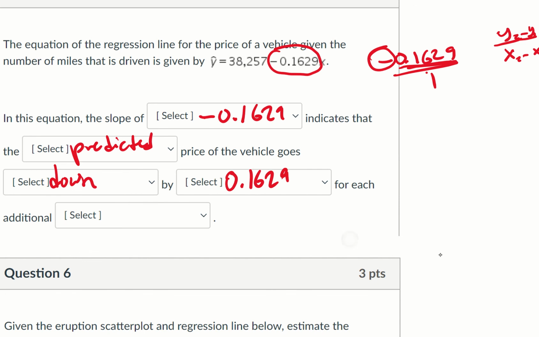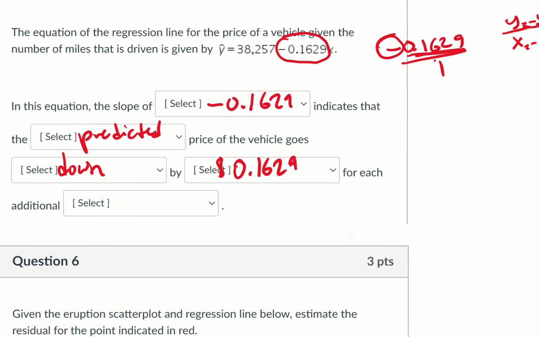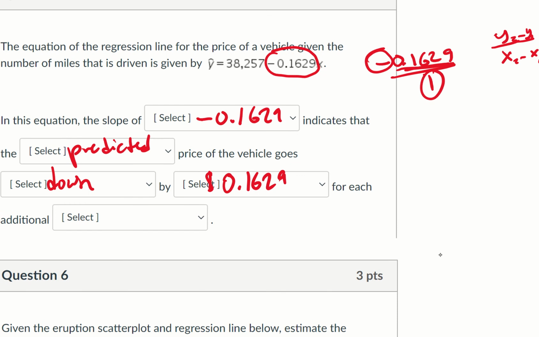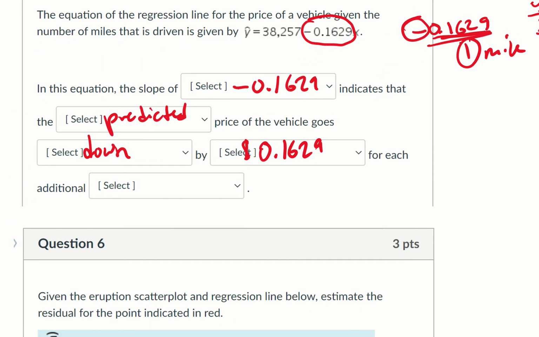So basically, and this is in dollars, a little over 16 cents, so it goes down by 16 cents and a little extra for each additional 1 mile. The X stands for miles, remember, for each additional 1 mile. Or I guess you could say for each additional mile driven.